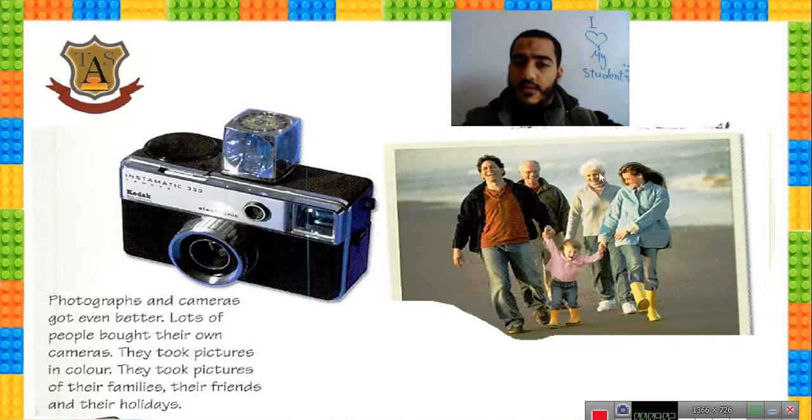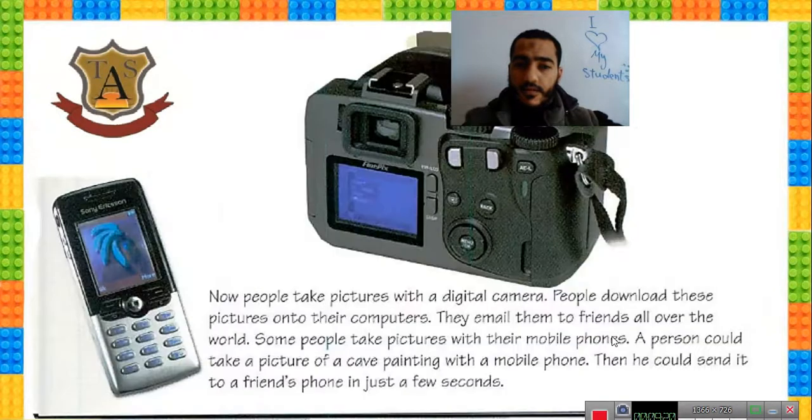And here is a new photo or picture. It's a family. It's a colored photo, so it's a new photo. It's from a camera, maybe a digital camera. And this is a very new camera, and this is a mobile phone with a camera.